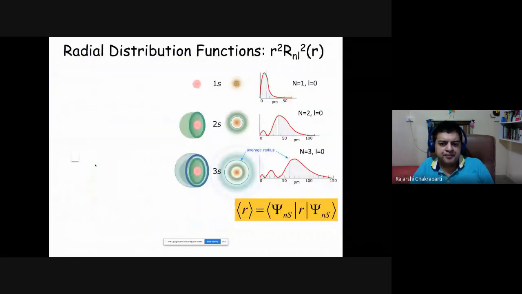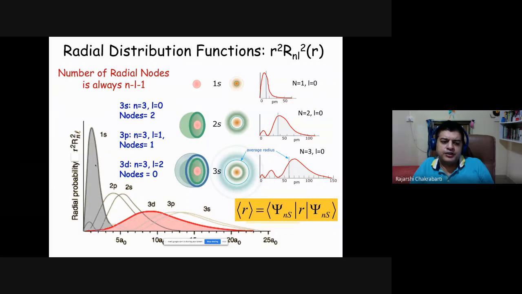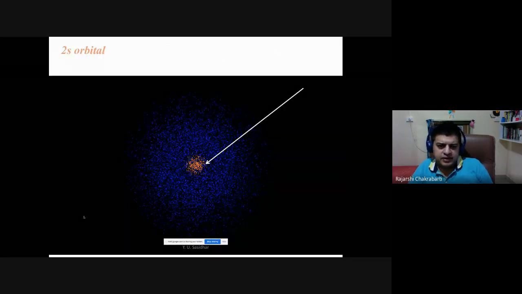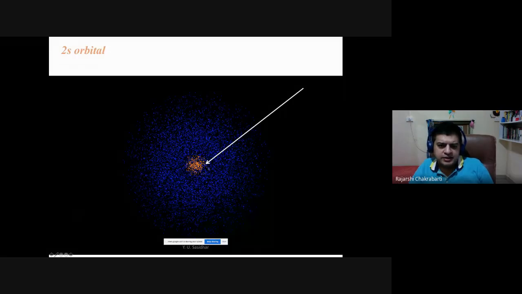These things we have done in the class. The radial distribution function we also did in the last class, and this one has all the radial distribution functions of different orbitals. And this is 2s. Can you see this? This is very nice. This is plus, and then you have a node, and then it is negative.